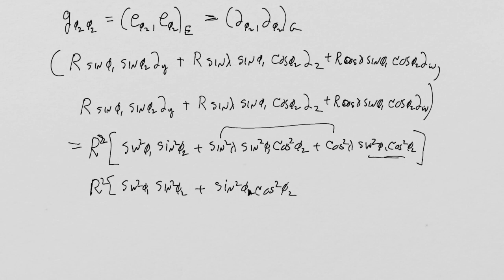And then I can take out a sine squared and cosine squared here, so I end up with an r squared sine squared phi 1. And that's going to equal G phi 2, phi 2.